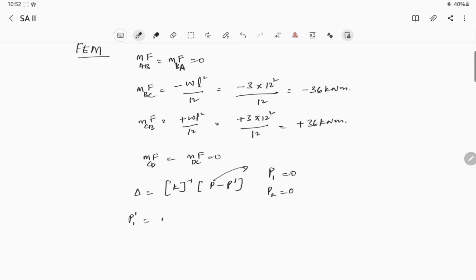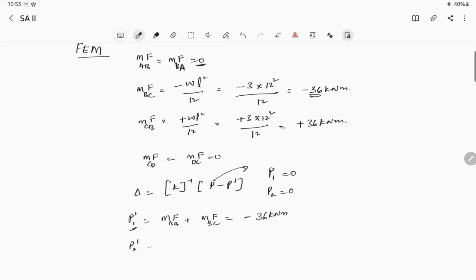P1 dash is nothing but MFBA plus MFBC, at node 1. What is MFBA? We have MFBA is 0. MFBC is how much? Minus 36. So minus 36 kilonewton meter.